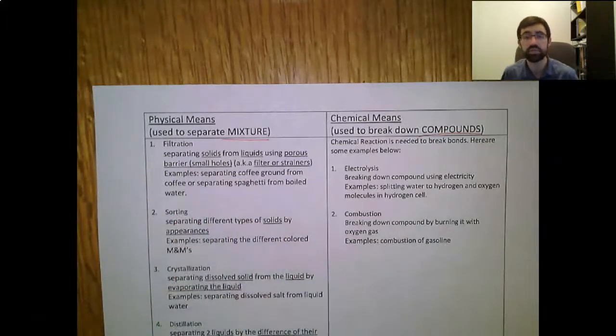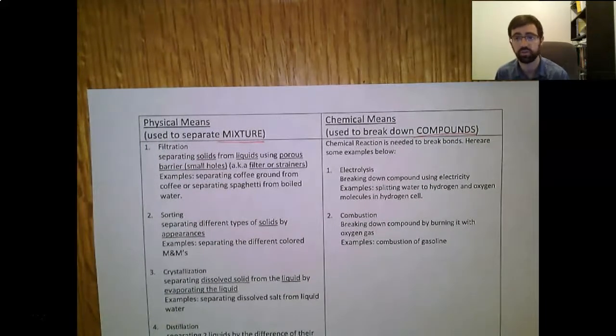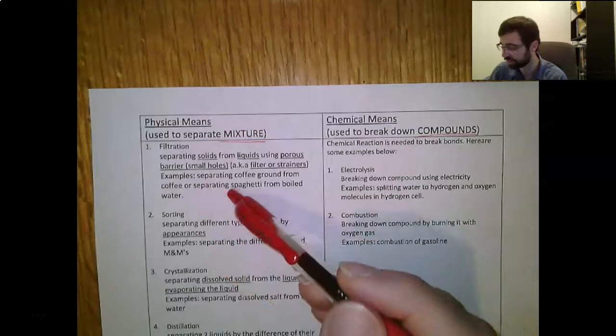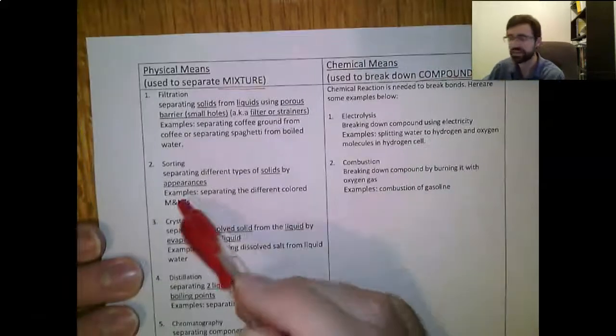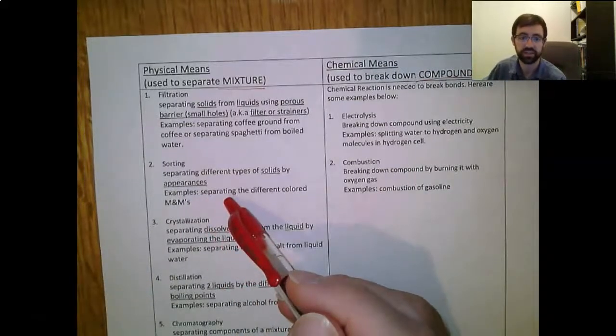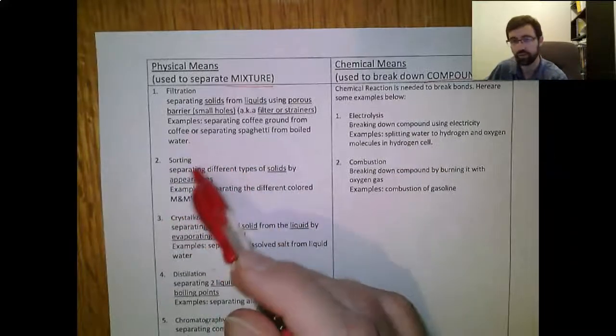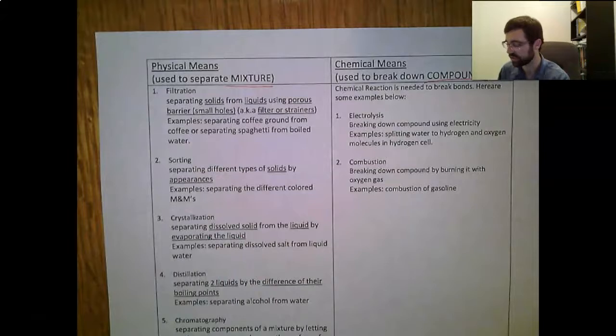This would only work if it's a heterogeneous mixture. Okay, so filtration does not work for solutions or for homogeneous mixtures. It separates out components of a heterogeneous mixture. Sorting, that's only going to work for heterogeneous mixtures, because if you can't see the difference, you won't be able to pull them out. This does not work for a homogeneous mixture.